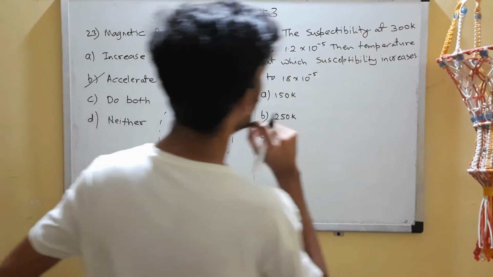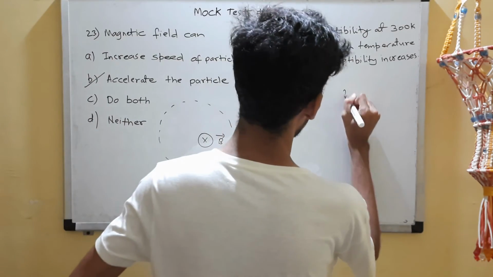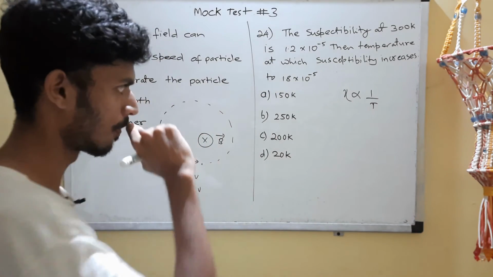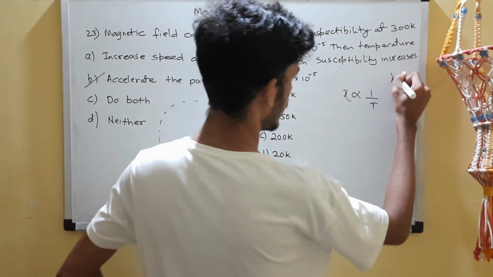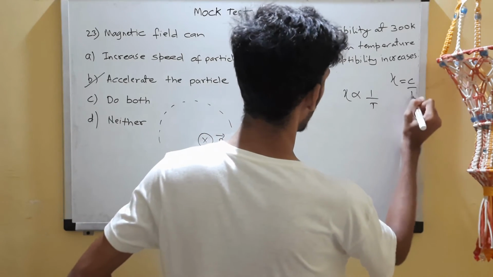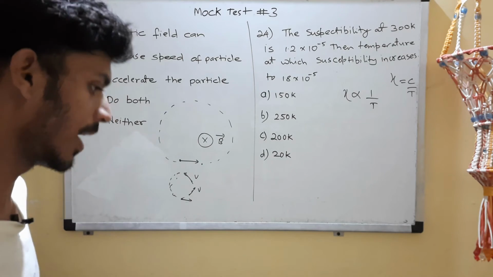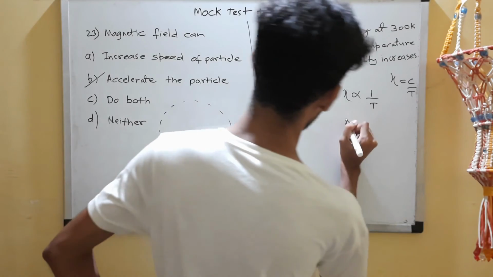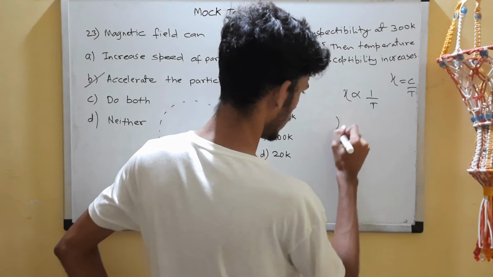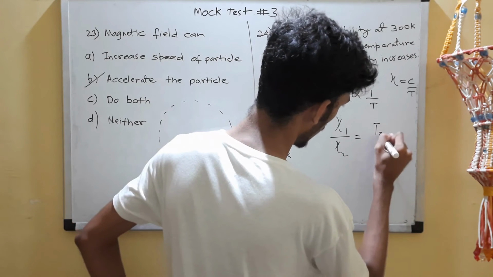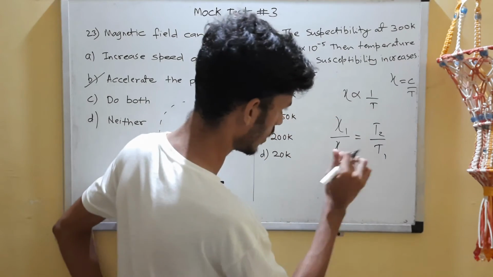It's quite simple. By Curie's law, susceptibility is inversely proportional to absolute temperature. Basically susceptibility is Curie's constant by T. So susceptibility is inversely proportional to temperature for paramagnetic substances. You can directly use the relation; the ratio will be T2 by T1, an inverse relation.